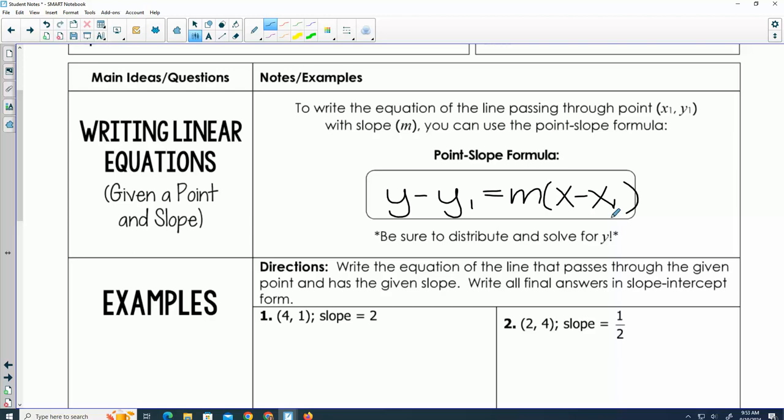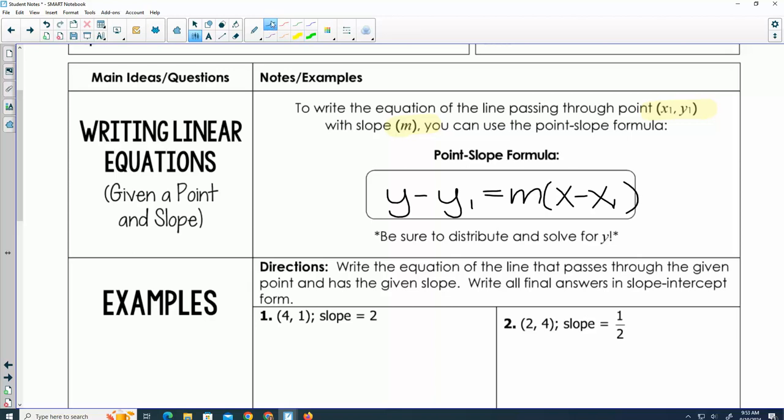In this, what does m always represent? Slope. M is still slope, just like it's been the whole time. X1 and y1 is the point that our line goes through. The other x and y are going to remain as x and y because an equation has variables in it.